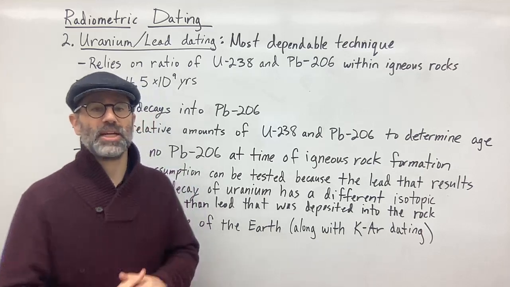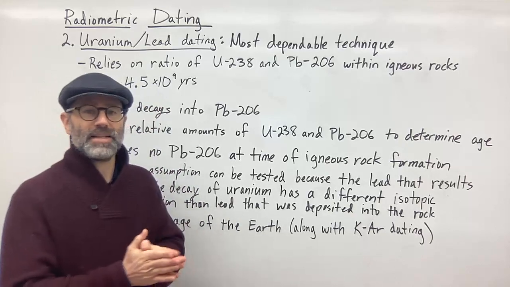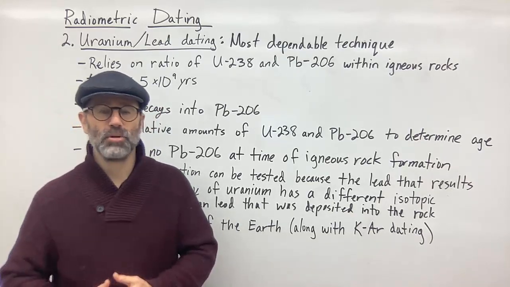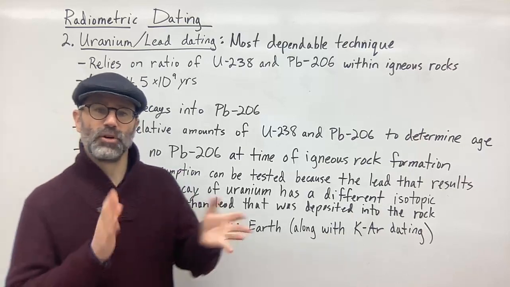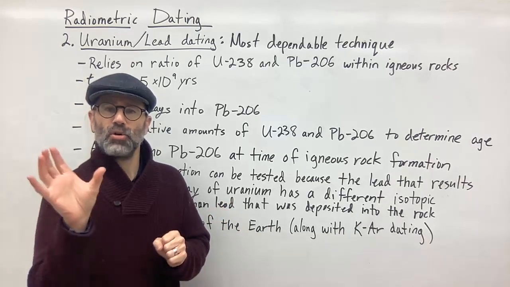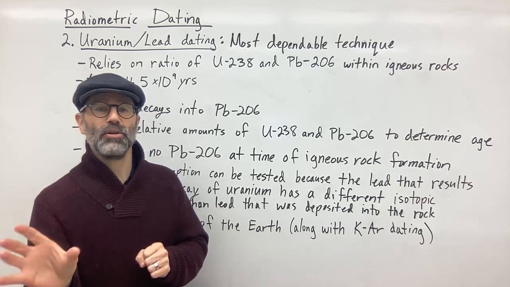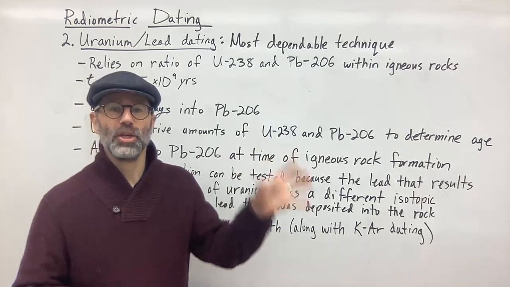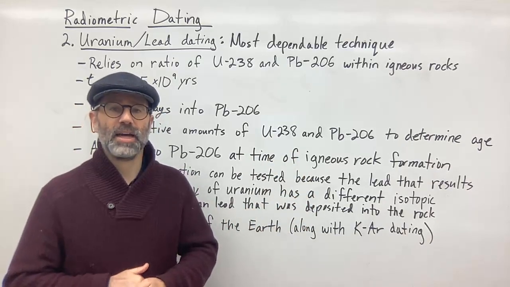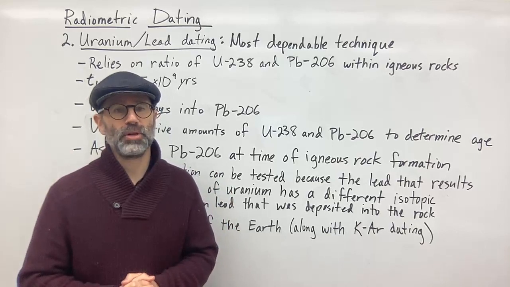So with that assumption, let's say I find a rock that has equal amounts of uranium-238 and lead-206. If they're equal amounts, I assume that any of the lead-206 I have used to be uranium-238. So from there, I can infer that half of my original uranium-238 decayed.